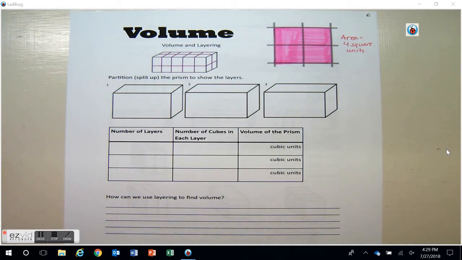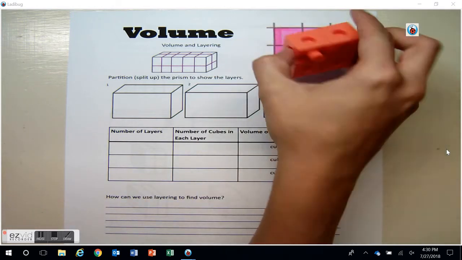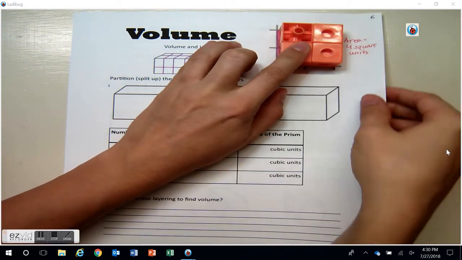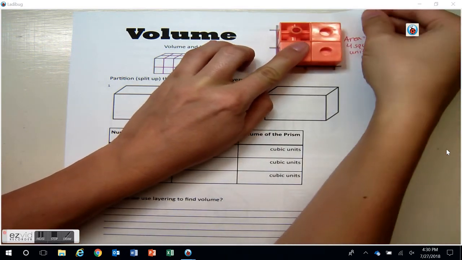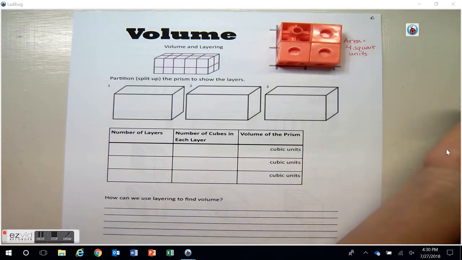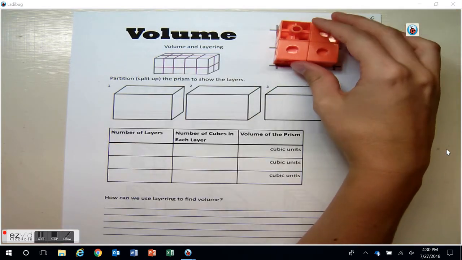So if I were to put a building on this, notice how the building fits on that foundation, that area of 4 square units.